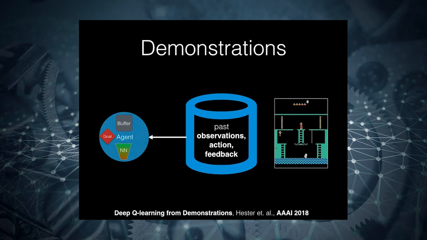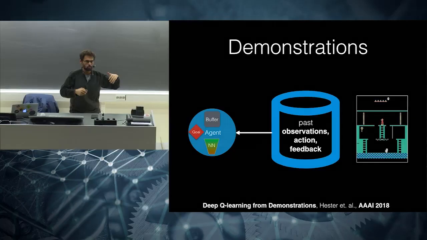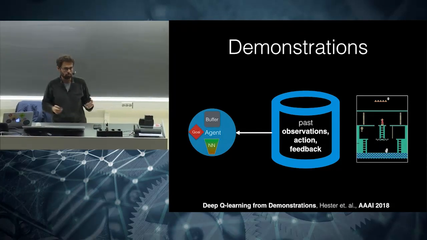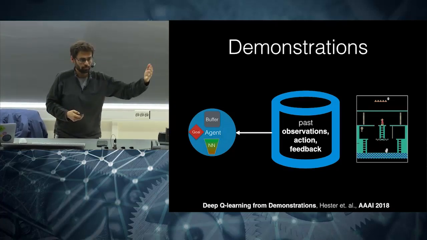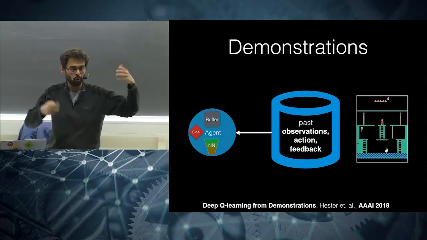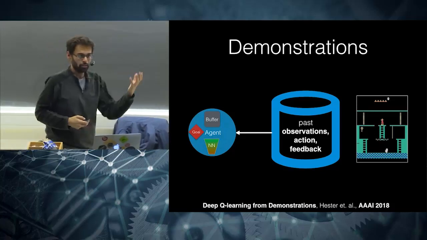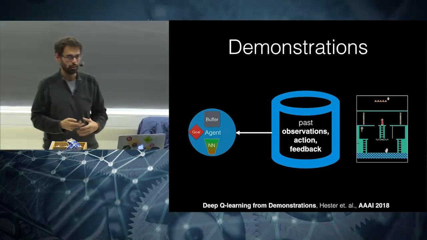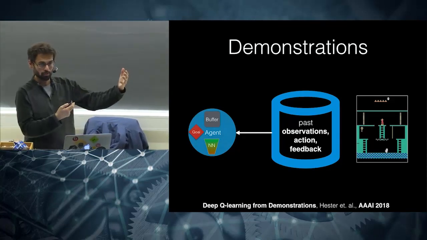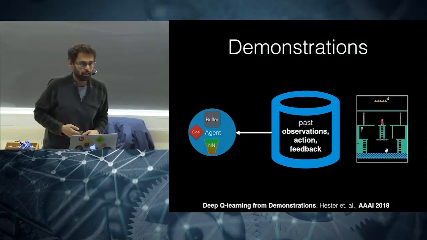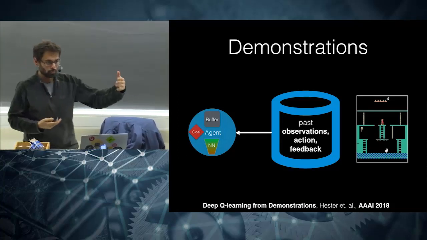There are some agents that are probably already deployed in some systems, and they are collecting data. They may not be using RL. They may be using some other methodologies. But they are there, and they are collecting data from these old policies, and that can be used to instantiate an RL agent, imitate those policies to some level of performance or close to them, and then build on it.